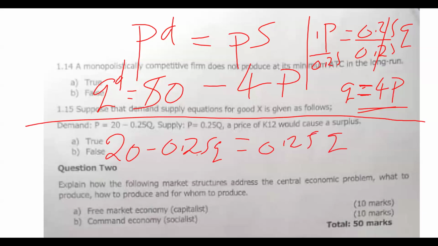And then from here, what do you think we can do? Collect like terms together. Yes, we can collect like terms together. You shall have 0.5 Q equal to 20, and divide through by 0.5 to have Q the subject of the formula. So what is 20 divided by 0.5?